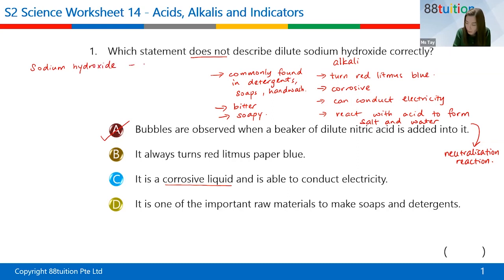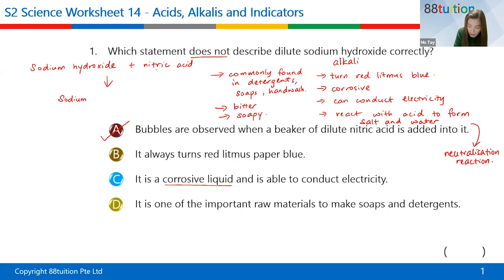reacting with nitric acid. The salt name will then depend on the acid. There's an acid part and there's a metal part. If you recall, the metal part actually comes from the alkali. Okay, the alkali, this one is a metal hydroxide. So the metal here is sodium.